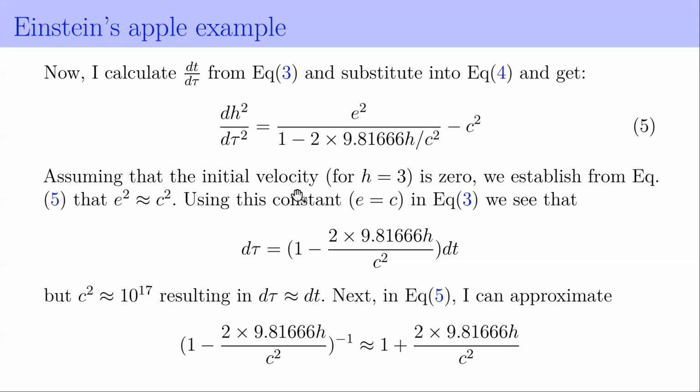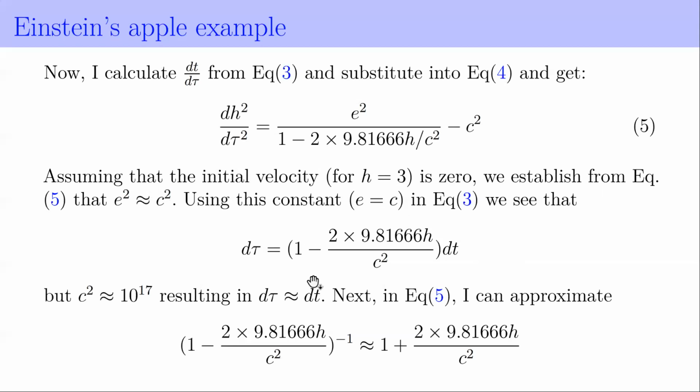So assuming, at h equals 0, the same place that we did in Newton, about 3 meters above the radius of the Earth, that h is 0 and the initial velocity is 0. If you put that initial velocity in at 0 for h equals 0, you find that E squared equals c squared and E equals c.